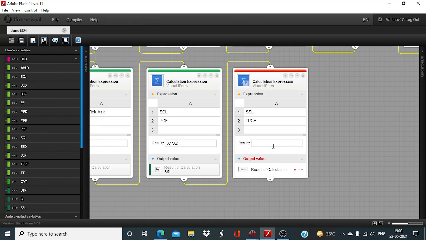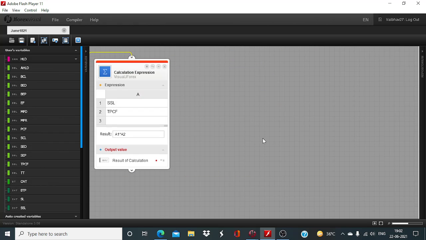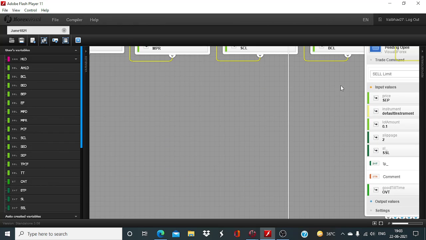Again, A1 into A2, and the result of the calculation will be the take profit.